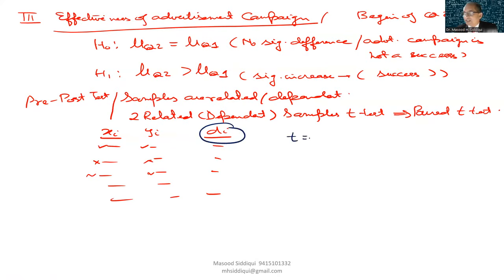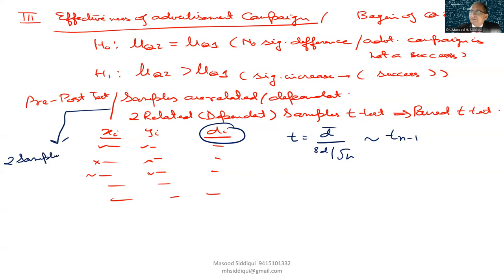So accordingly, the test statistic would be d bar, which is the average value of the d values, divided by the standard deviation of the d values over root n. It will follow a t distribution with n minus 1 degrees of freedom. So actually what this test does is convert the two sample t-test into a one sample t-test.